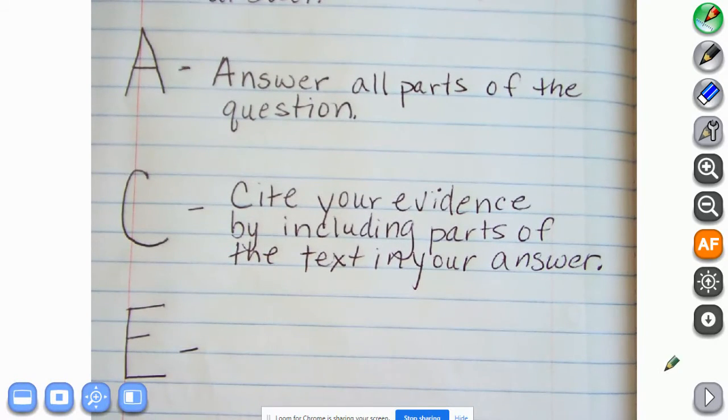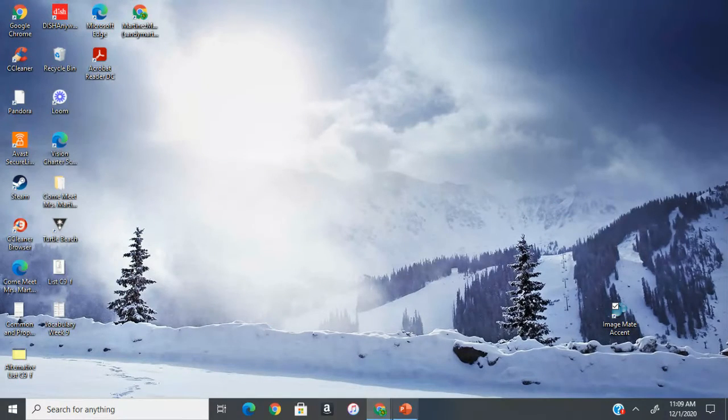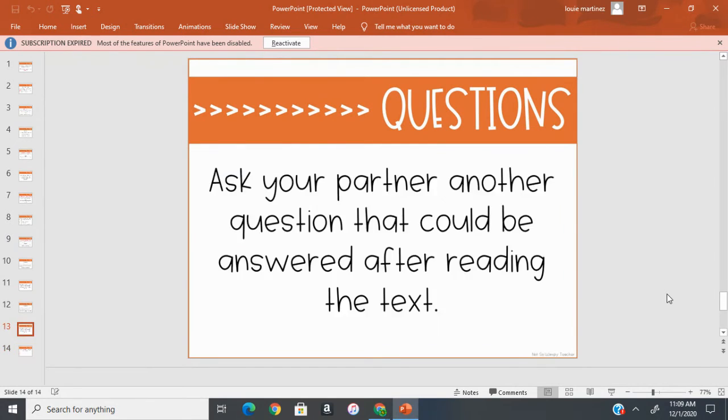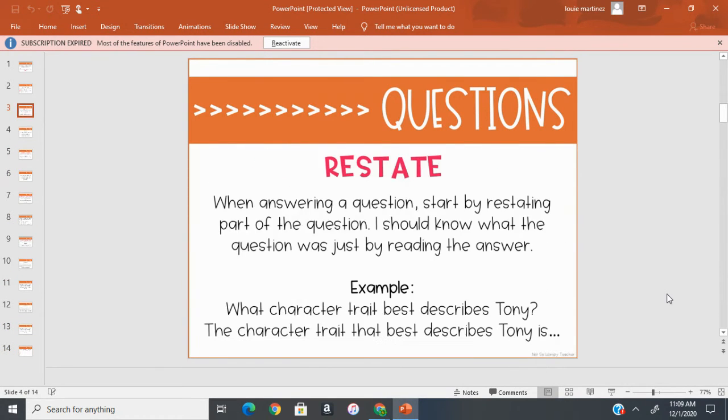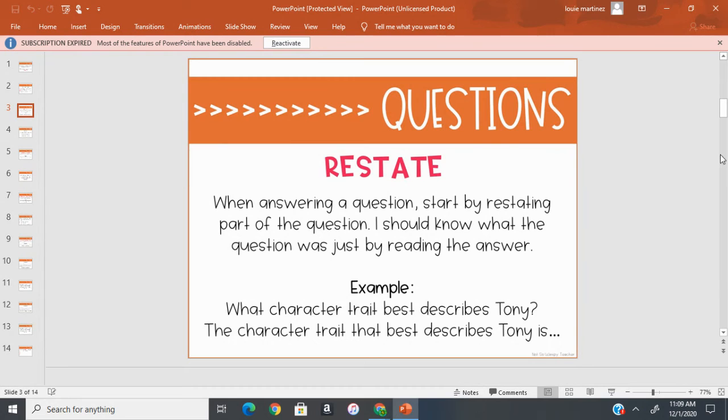Okay, and then let's go back and look at what E was standing for. It said that we were going to wait on E for now, but let's just go back and look at it to see what it stood for. All the way back here in the beginning. Explain your evidence. We're not covering explain your evidence yet, but we're going to write that in our notebook.